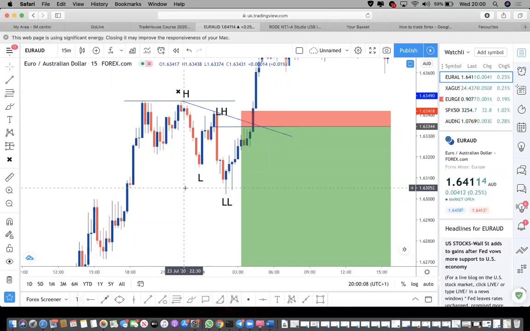Hence why where you decide price should go is not the right way, unless price wants to do whatever it wants to do. Take note of this. Where you decide for price to go does not matter. Price will do whatever it wants to do. At the end of the day, the market is right. Write this down, guys. Where you decide or where your bias tells you price will go does not matter.